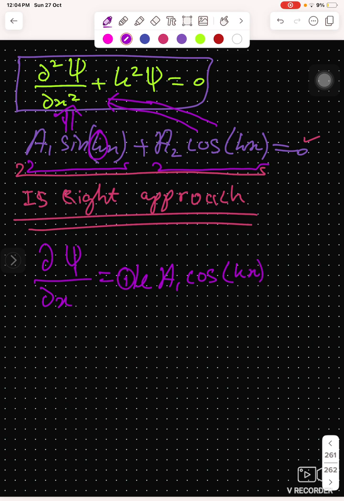For the second one, the derivative of cos gives us a minus sign, so minus k a2 sine kx. Now let's take the second derivative.